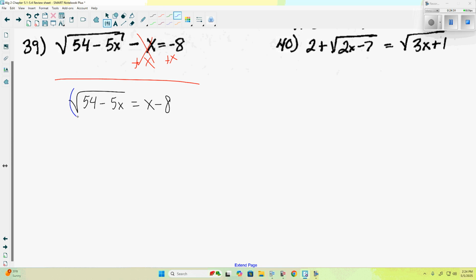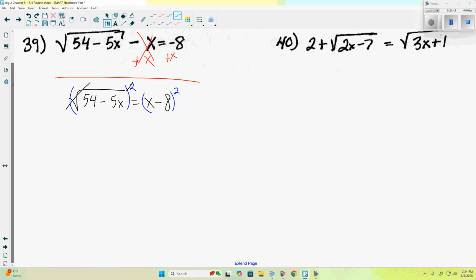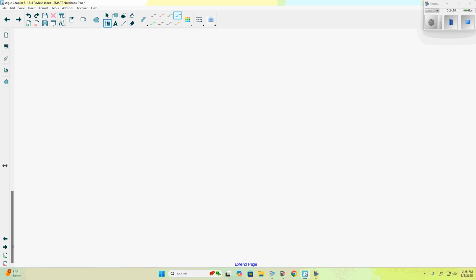Now that the radical is by itself, we can square both sides. Now on the left-hand side, the square root and square would cancel, telling us that 54 minus 5x is equal to x minus 8 times x minus 8.